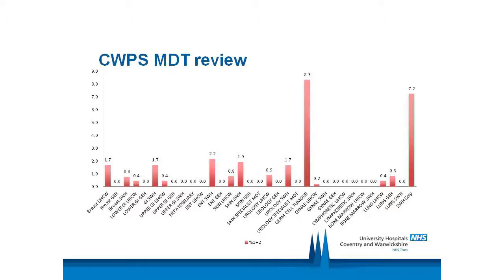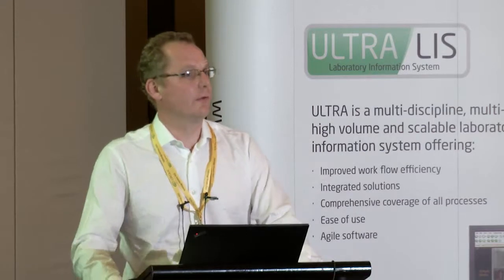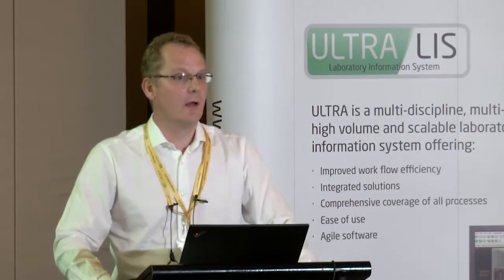And for each of those meetings, we recorded a number of cases that had been reviewed, and if there was a change made to that case which was likely or would probably have had clinical significance to the patient's care. And we collected those over, as I say, over a year. And it turns out that in about 1.2% of cases, when they get reviewed at MDTs, a change is made which is likely to be clinically relevant.